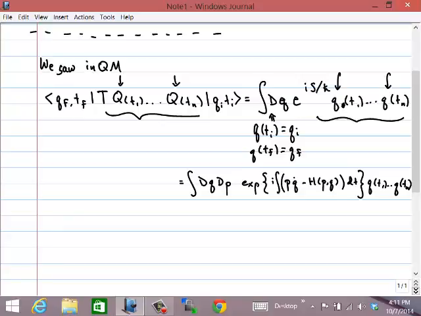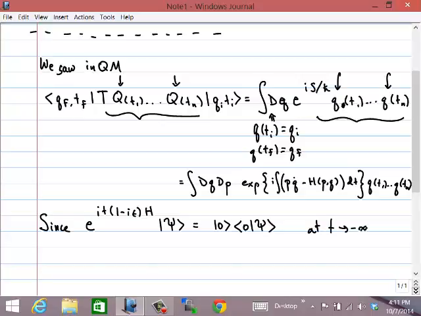Basically, if we're interested in the vacuum state, we can use the fact that if you replace the Hamiltonian by 1 minus i epsilon times the Hamiltonian, where epsilon is some real number, and you act that on any state, then as t goes to minus infinity, this just picks out the vacuum state.